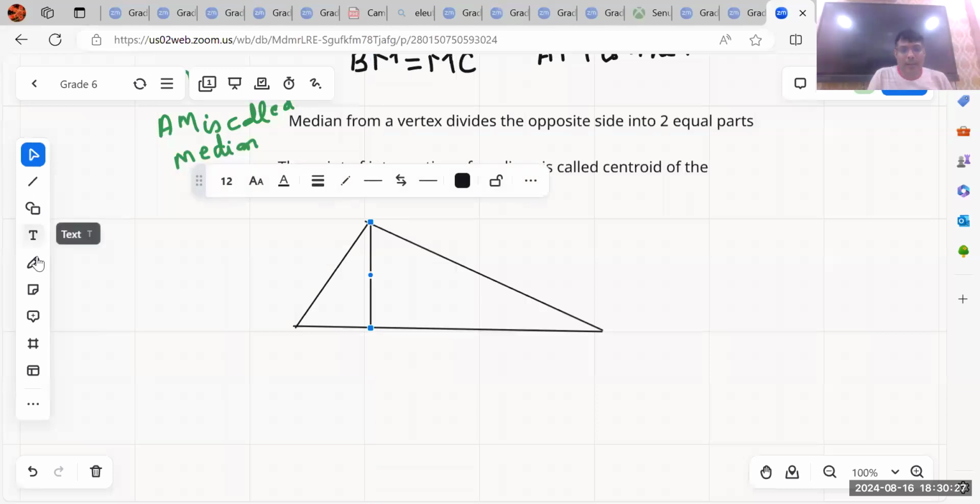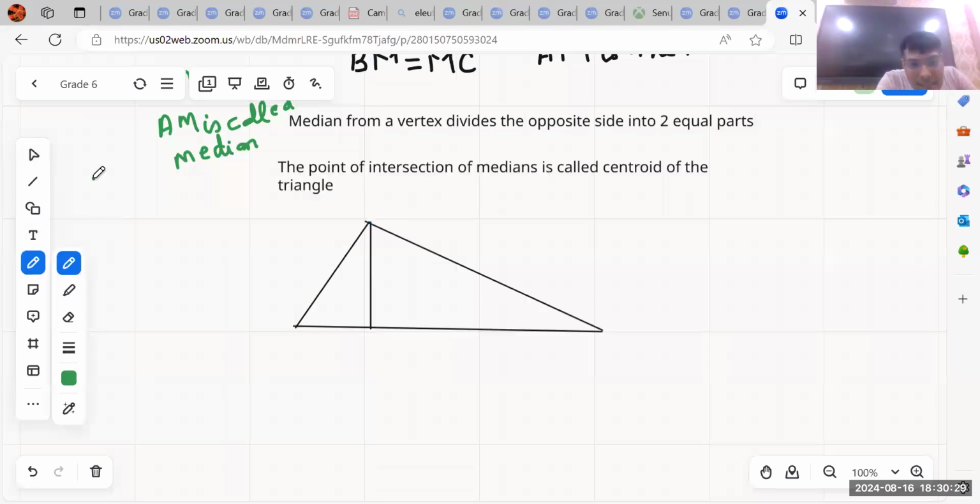Again guys, a similarity is that median and altitude both come out from the vertex. If I draw an altitude from A to BC, it means I will draw a line which intersects at right angles. Now BM is not equal to MC, they are not equal, but the angle at which AM intersects is 90 degrees. So this is called altitude.